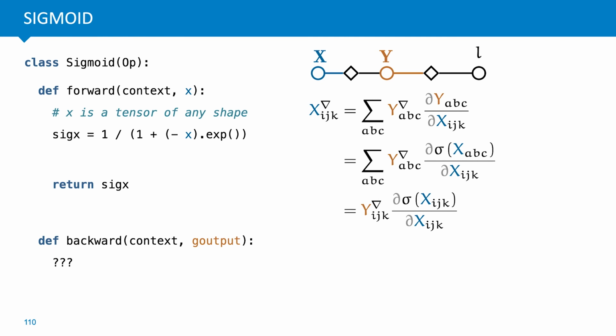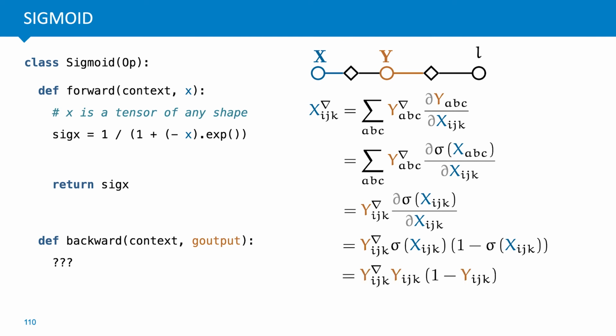So we replace the a's by i's, the b's by j's, and the c's by k's, and we remove the sum symbol. And then we see that the scalar derivative of the sigmoid function appears here, which we know and we can fill in as the output of the sigmoid times 1 minus the output of the sigmoid. And in our computation graph, the output of the sigmoid is equal to yijk, so we can fill that in. This is our scalar version of what we're interested in.